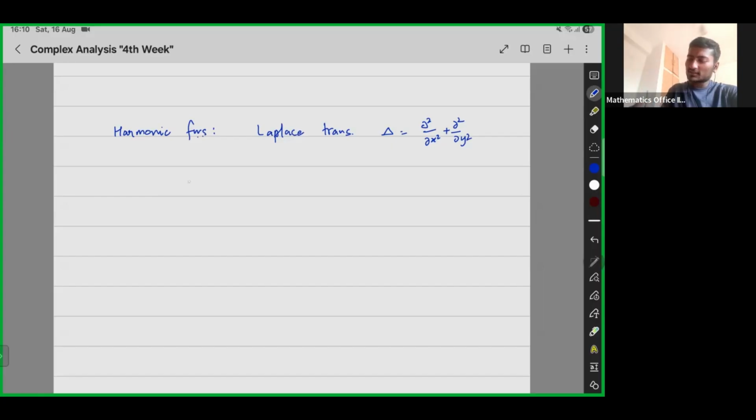After this, harmonic conjugates, what are these? Basically, if you are given a harmonic function u from omega to R, you want to get another harmonic function.